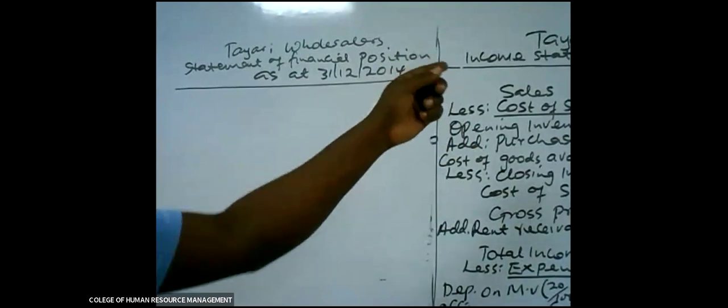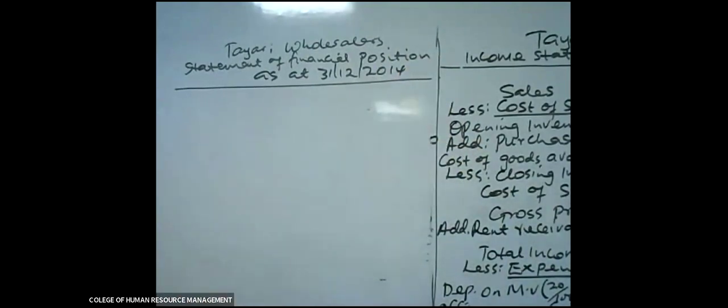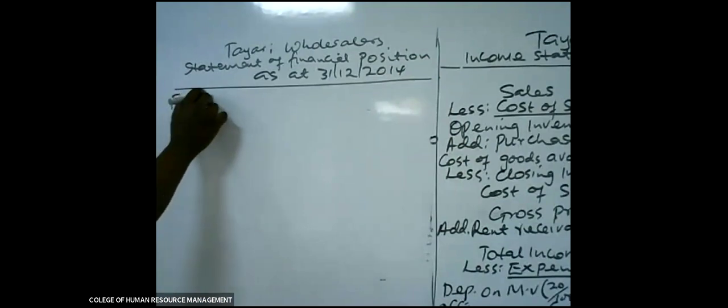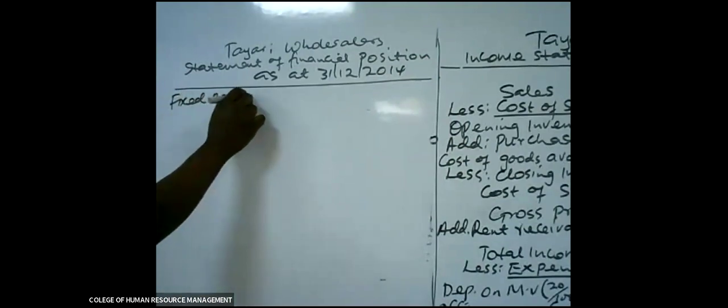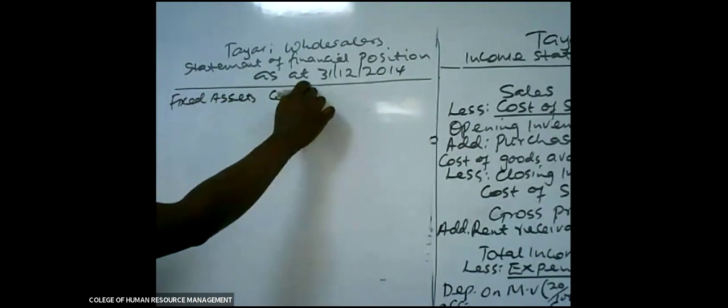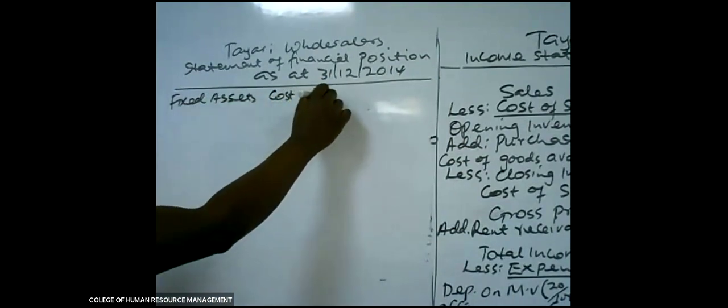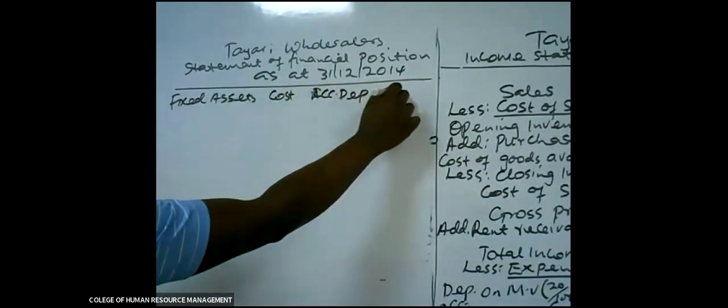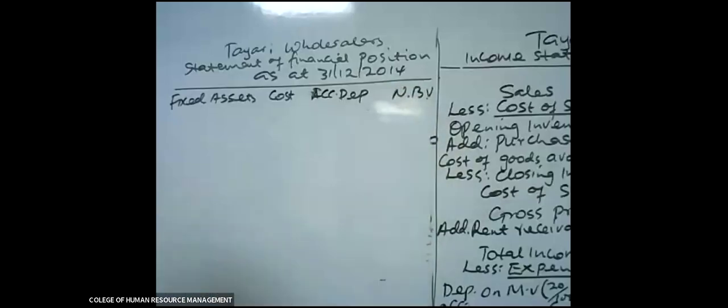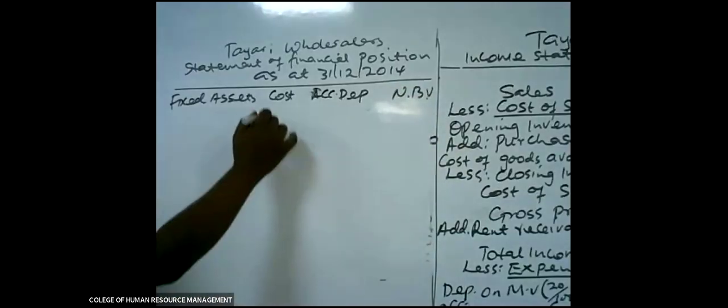The other one is for the year ended. So we need to do fixed assets, showing the cost, the accumulated depreciation, and then determine the remaining value or the net book value.